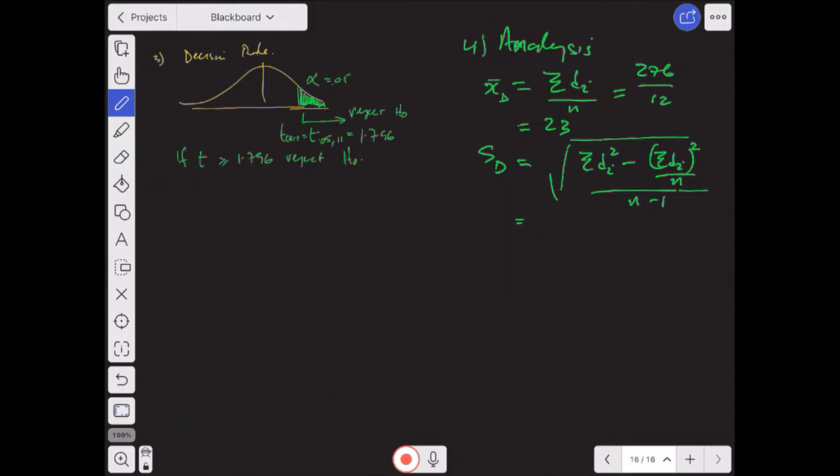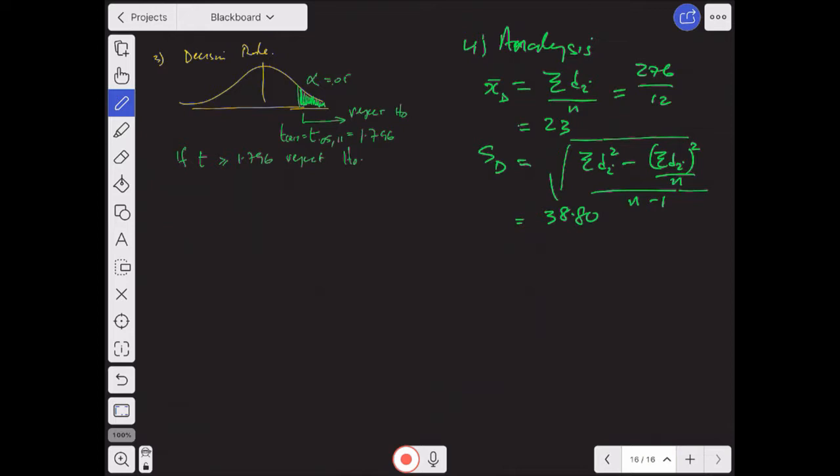So you need to take all of the differences and add them up to get the sum of the di's, and then take all of the differences and square them to get the sum of the di squareds. When you compute SD, going ahead and doing all of that, this will turn out to be 38.80. Once you have the sum of the di's and the sum of the di squared, you could substitute in here.